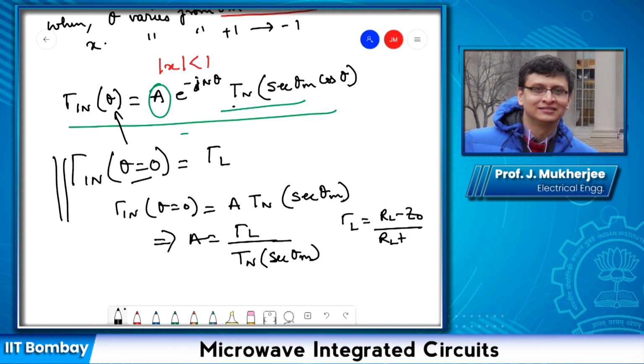Now note that gamma L, which is given by this value, can be both positive or negative depending on the values of RL and Z0.